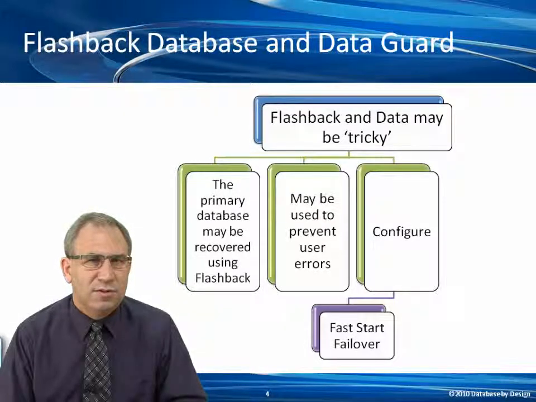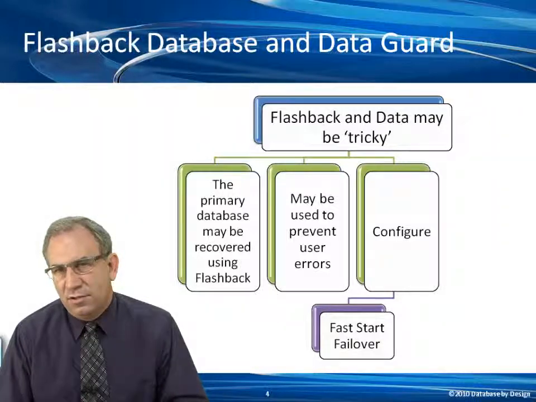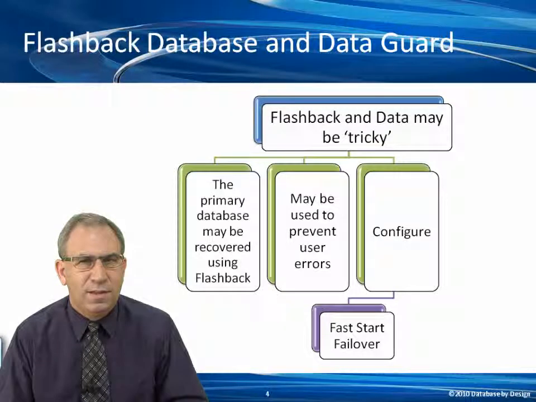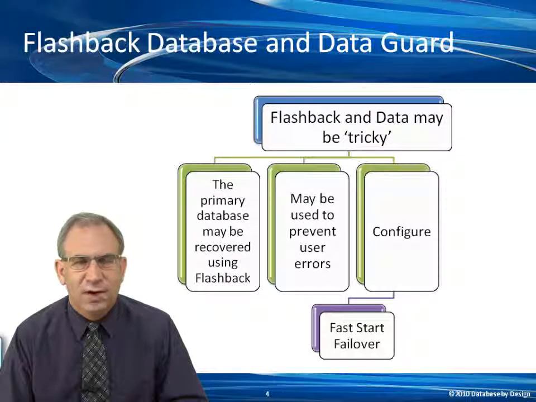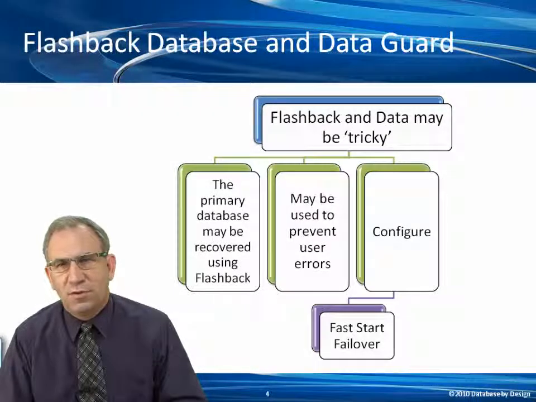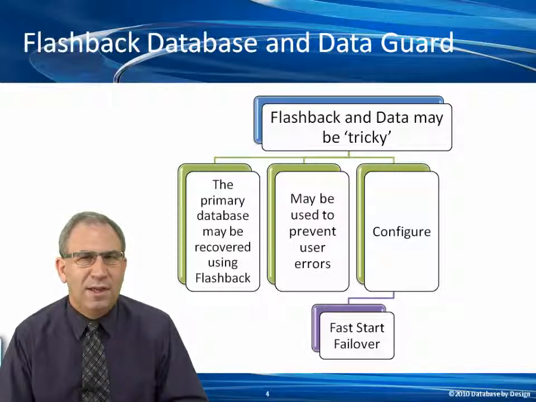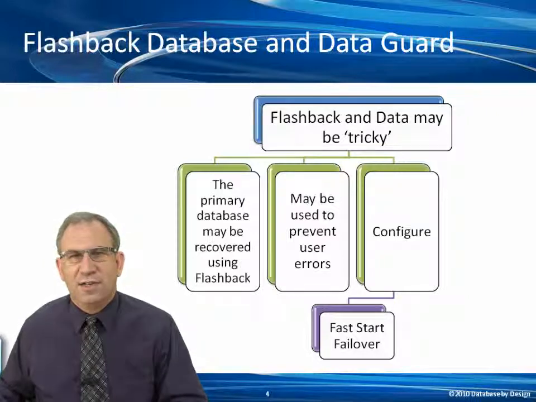That has an effect on how fast we perform a log switch. So let's say that the secondary system cannot be farther behind the primary system than 30 seconds, which means Fast Start Failover will force a log switch on the primary system every 30 seconds. This is a parameter that's totally configurable. And what we're saying at this point in time is that the most amount of data that we would lose on that secondary system would be 30 seconds' worth of data.